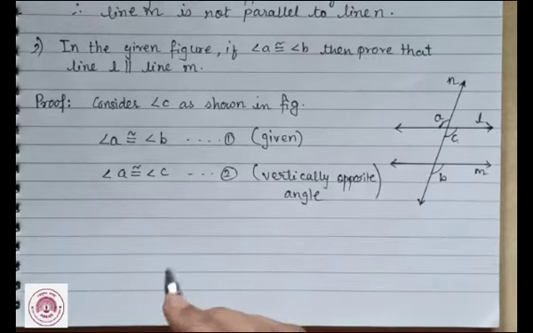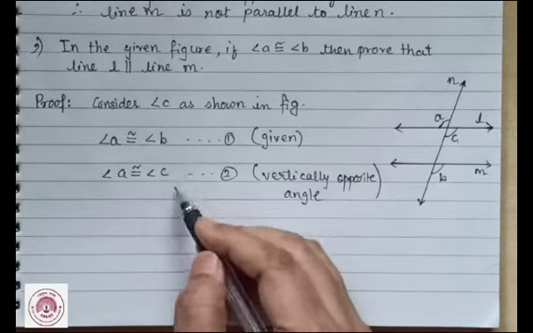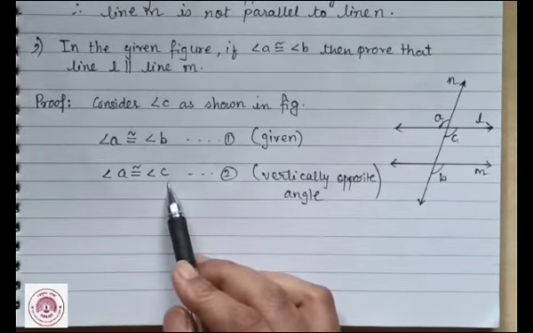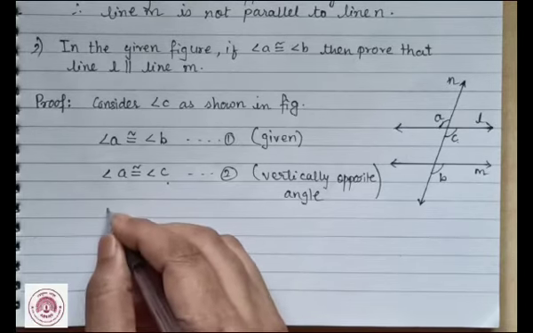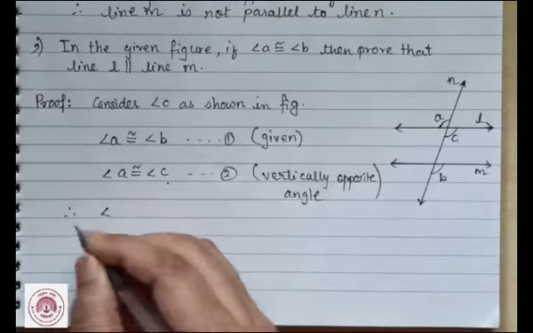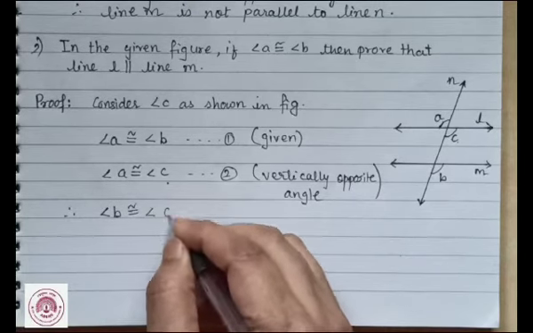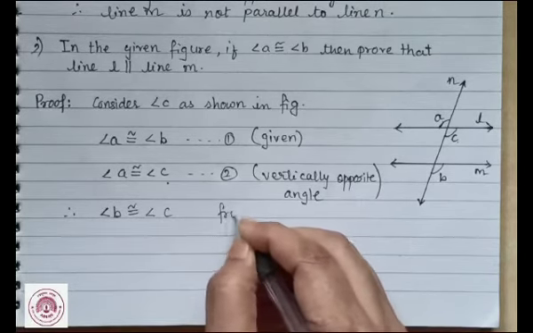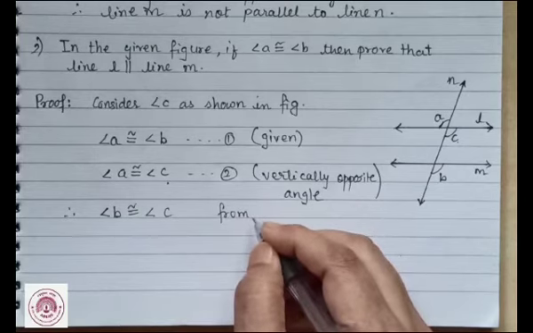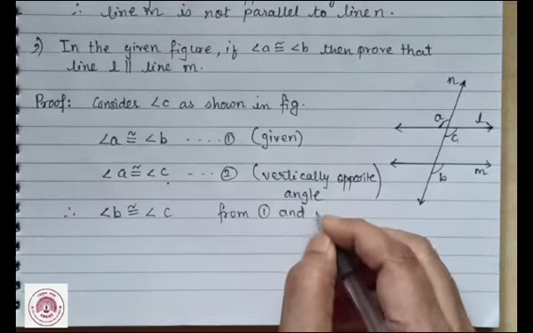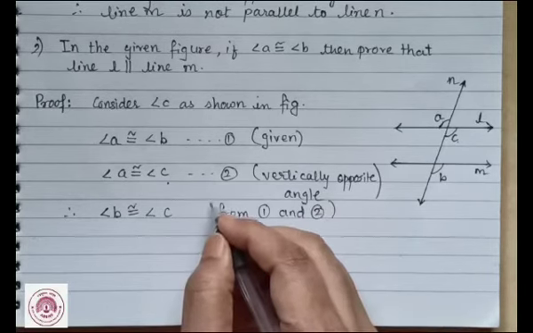Now from 1 and 2 we can say angle B is congruent with angle C. So let's write that. Angle B is congruent with angle C. We can write here from 1 and 2.